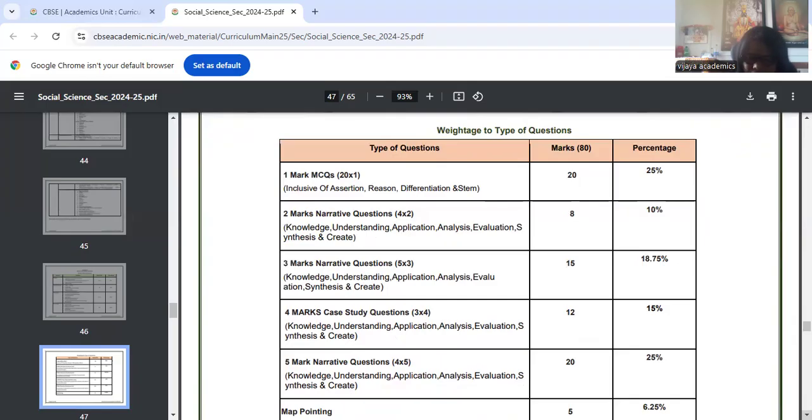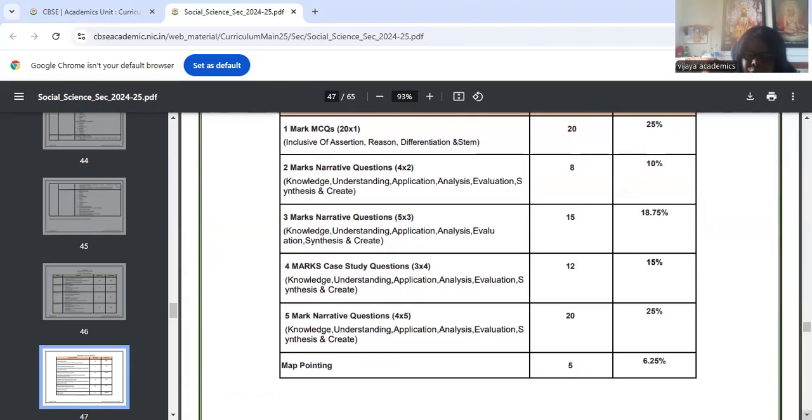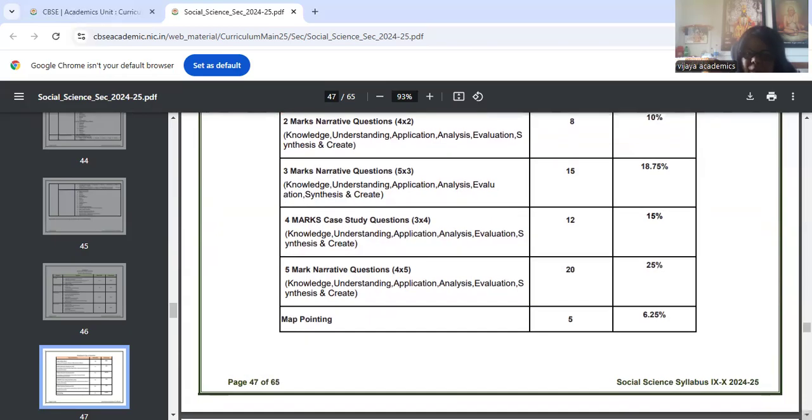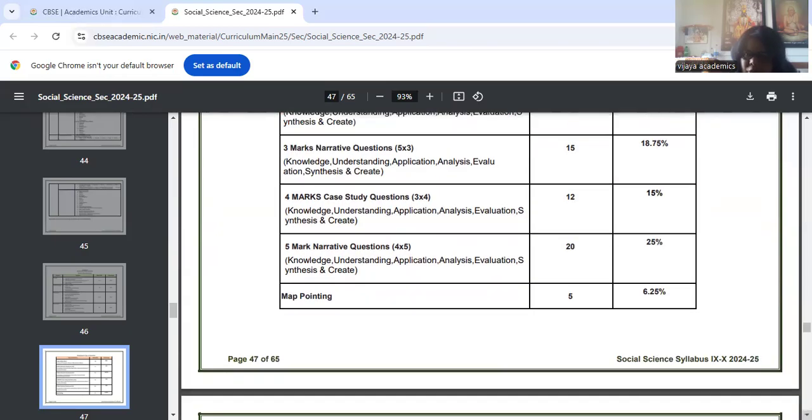Next, narrative questions, 4 multiplied by 2, testing knowledge, understanding, application, analysis, evaluation, synthesis, and create. Total marks are 8, that is 10%. Narrative questions, 5 multiplied by 3, total marks are 15, 18.75%.